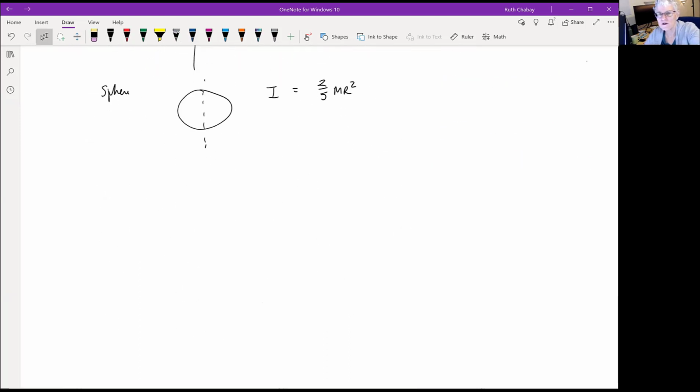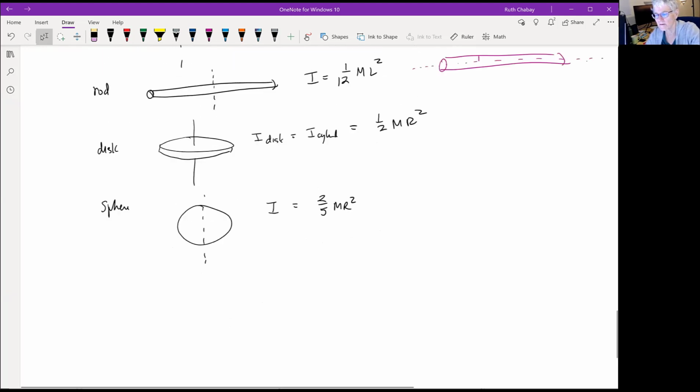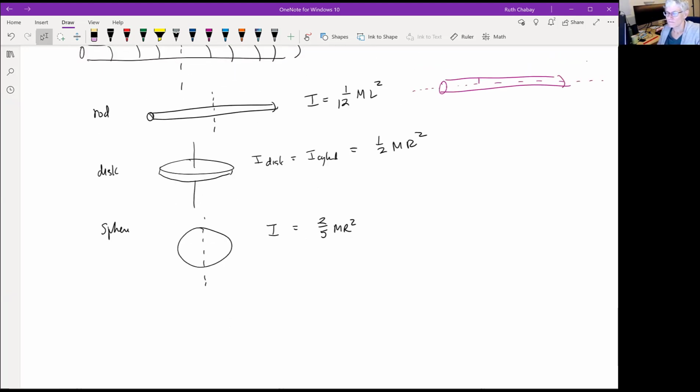Okay, what questions do you have? Yeah, if it's rotating on the long axis, it's basically a long disk, isn't it? Because remember that the distance we're taking is the perpendicular distance from the axis to the atom.